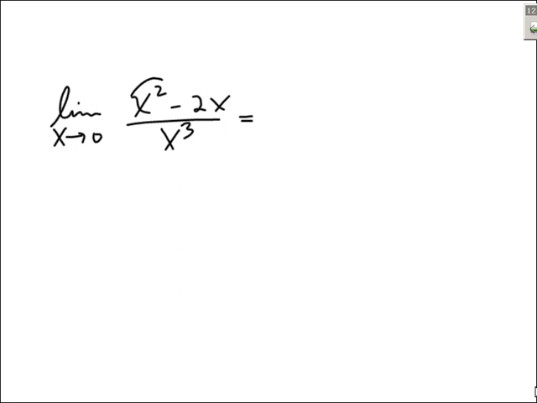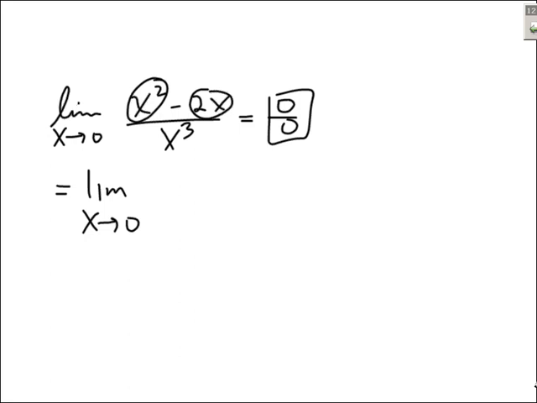Let's try this last one. Suppose you have the limit as x goes to 0 of x squared minus 2x over, say, x cubed. Well, if you directly substitute, you get 0 minus 0, which is 0 over 0. But that always means trouble. You can't have a limit being 0 over 0. You need to do something. And what I'm going to do is kill off the 0 over 0.